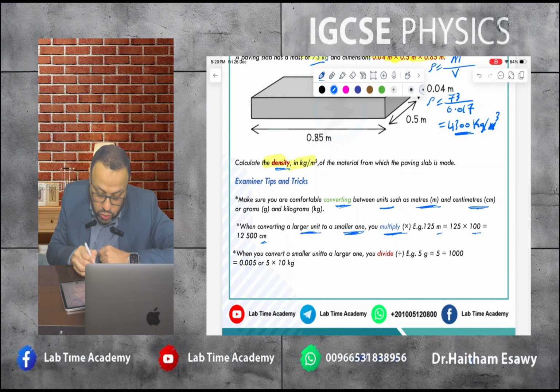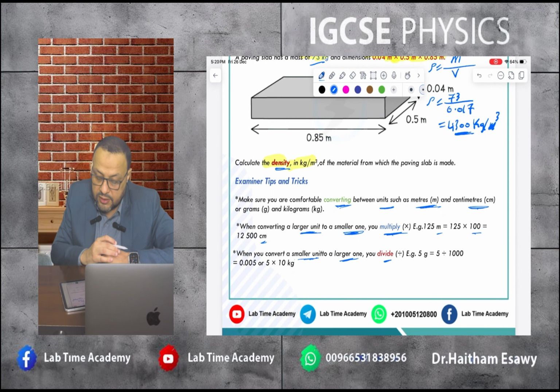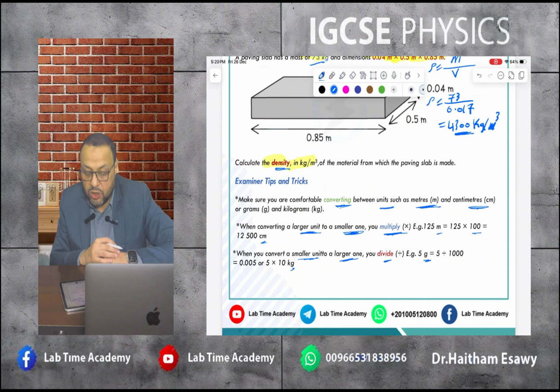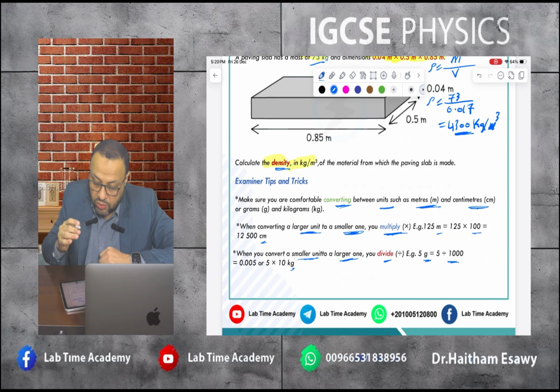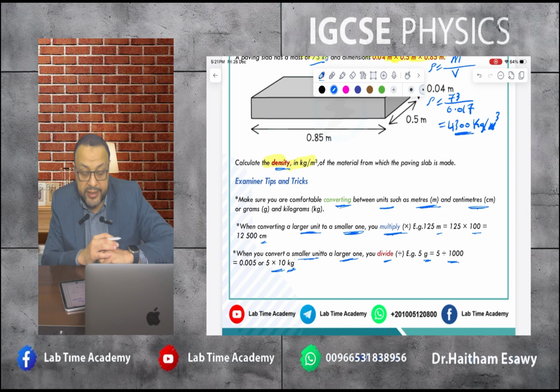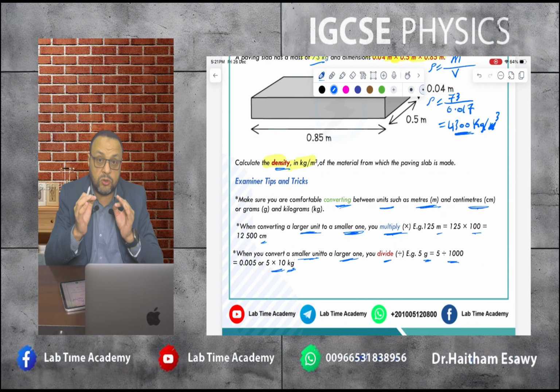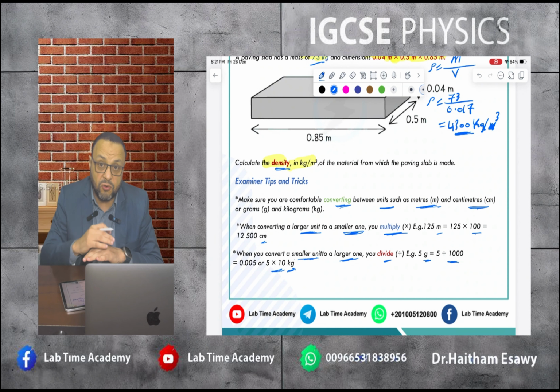But if you want to convert from a smaller unit to a larger unit, divide, like gram to kilogram. It will be divided by 1000 or times 10 to the power of -3. So 5 divided by 1000, or 5 times 10 to the power of -3, gives you the answer in kilograms. So take care about that, and how you can convert between prefixes, as we said before.